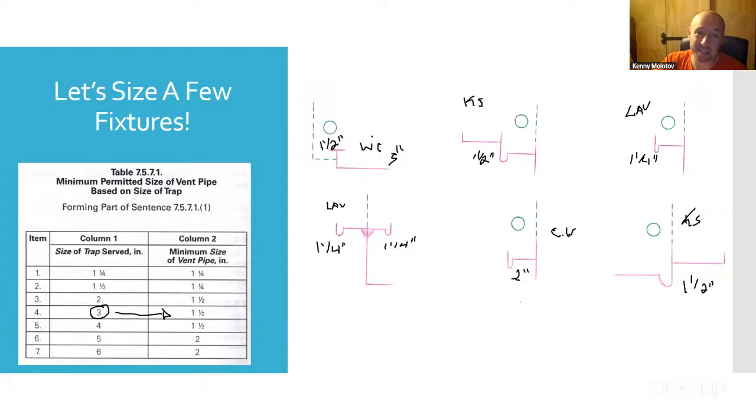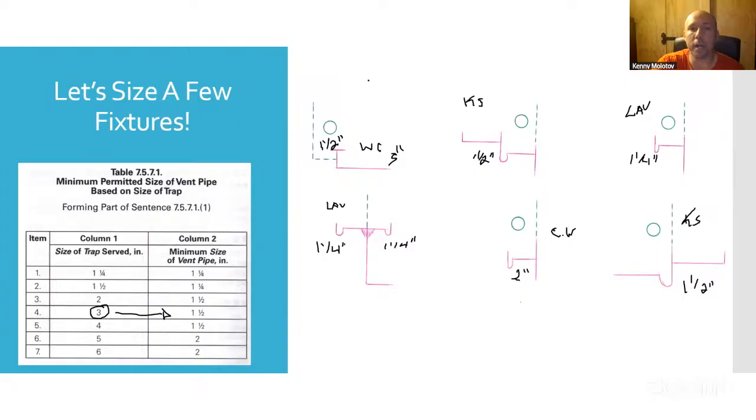If you decided to size an entire house at 15 inch, as long as it doesn't violate any other building codes, technically you can run 15 inch. But that's going to be the most expensive bid compared to all the other people that are sizing for minimum permitted sizing. So that's just something to keep in mind. Practically, it doesn't make sense financially. And also on a test, we want to know you understand the distinctions between minimum and maximum. That way we can trust you with a code book.